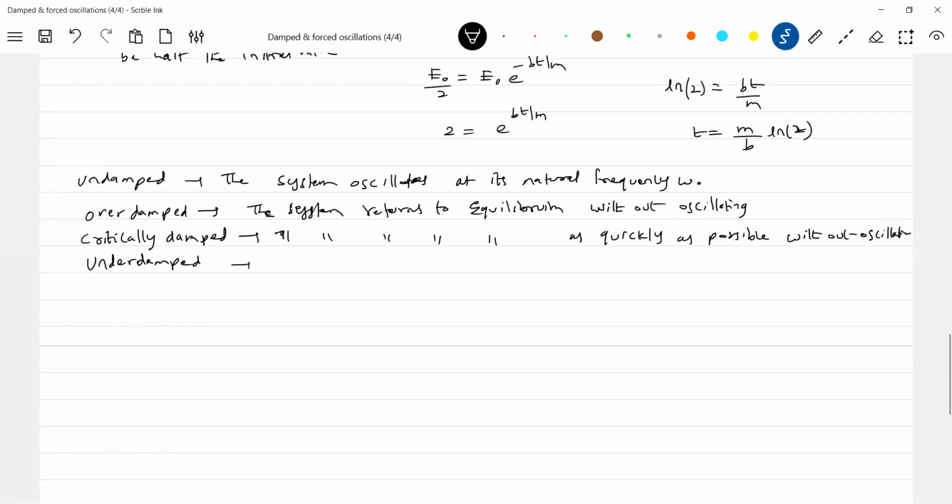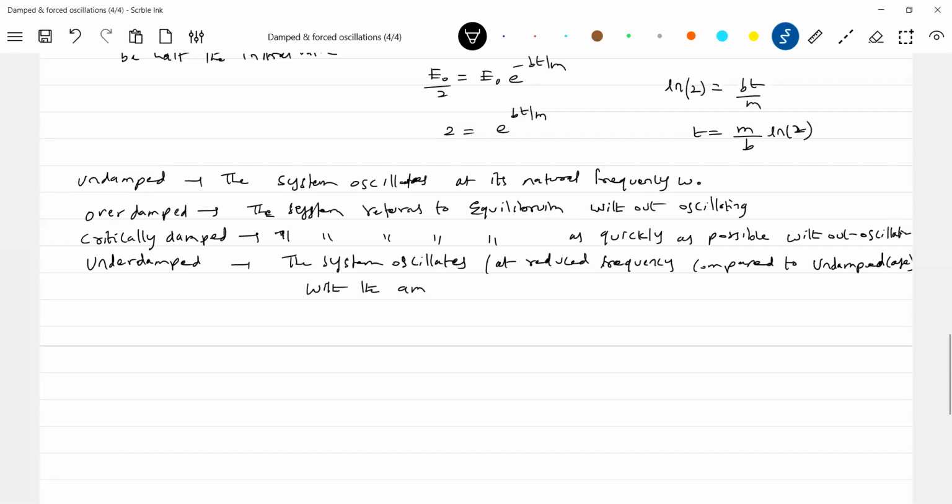Under damped: the system oscillates at reduced frequency compared to the undamped case, with the amplitude gradually decreasing.